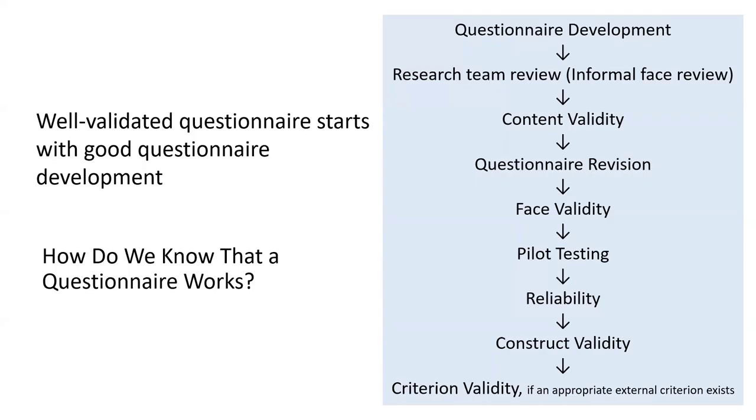And then these are the steps which are followed for validation. How do we know that your questionnaire works well? Okay, I have now developed questions for each domain, and there are say 15 questions for my burnout questionnaire. Now I have to really start validating the questionnaire. The first thing to do is an informal face review. That is, your research team should sit down and read the questions and see if the questions are okay or some edits need to be done. Then you do what is known as content validity.